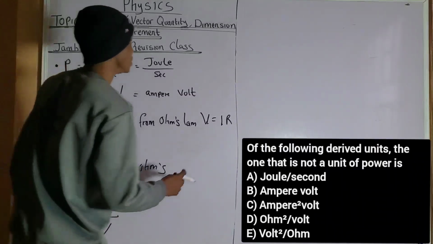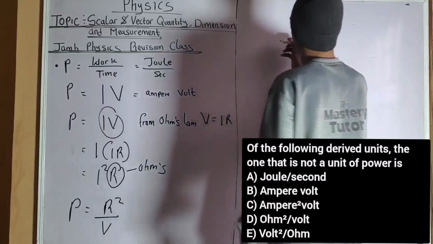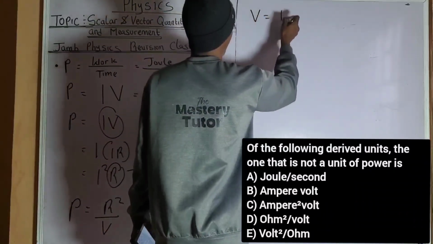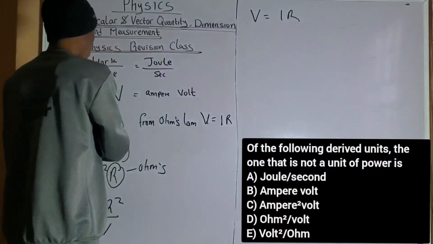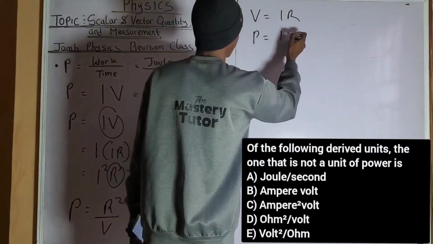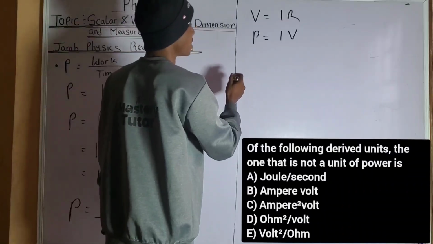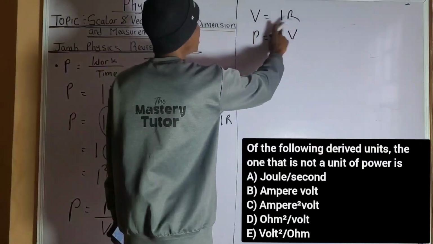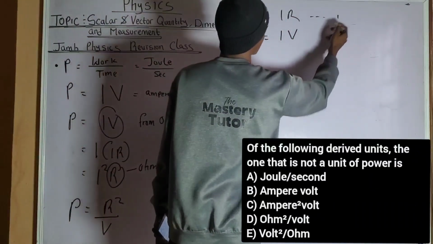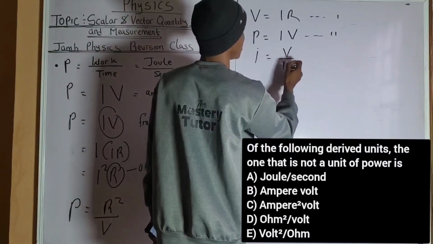Listen to me. V equals IR, right? And we know that power equals IV. Now, I want to make I the subject of the formula. What is on equation 1? What is on equation 2? I will be equal to V over R, right?